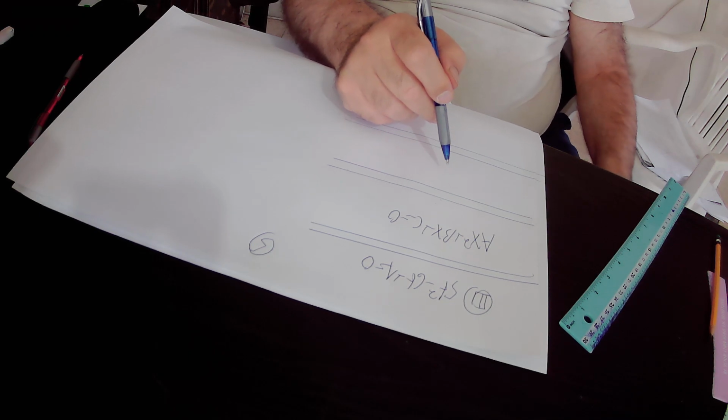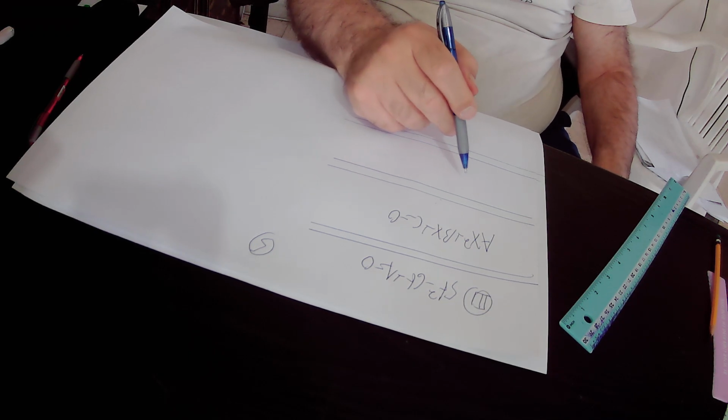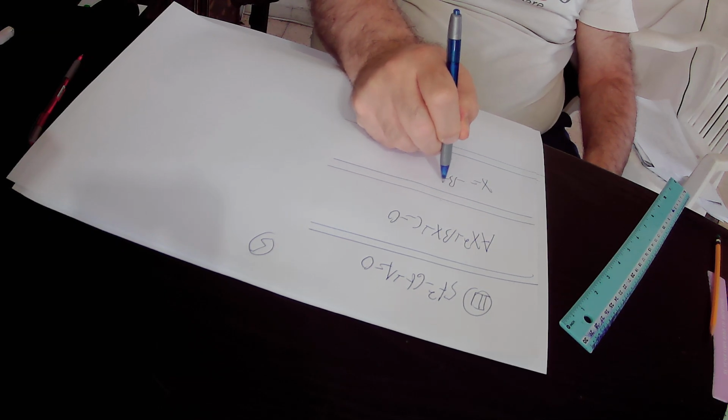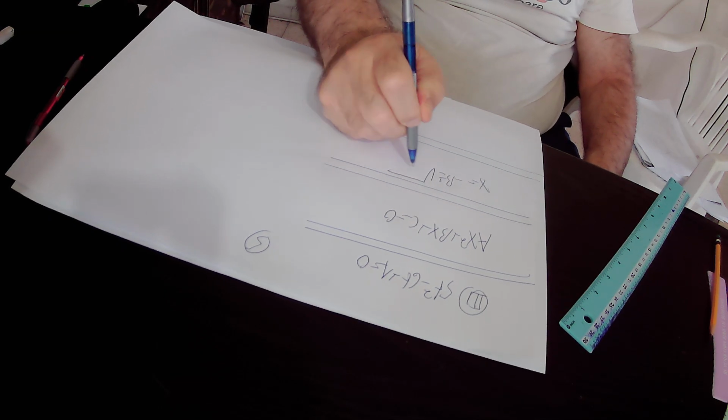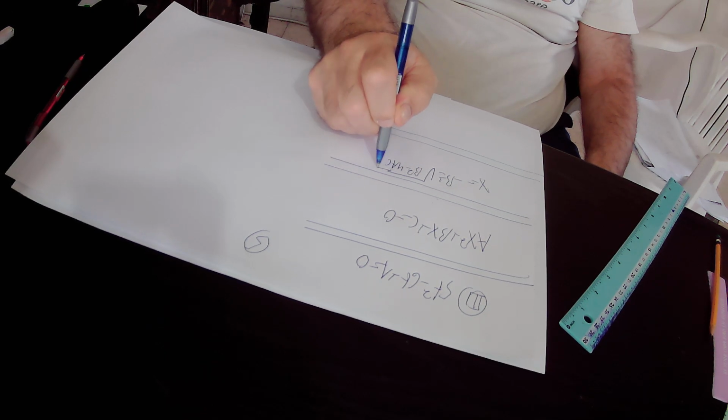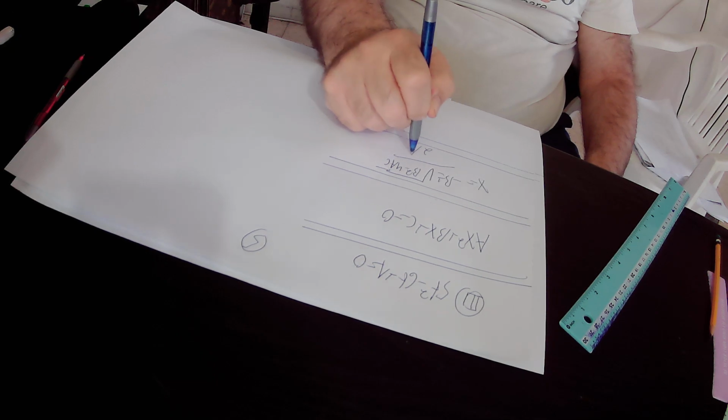And we will find out the value of x according to the following formula: x equals minus b plus minus square root of b squared minus 4 times a times c, over 2a.